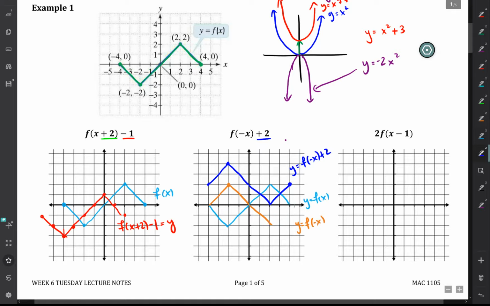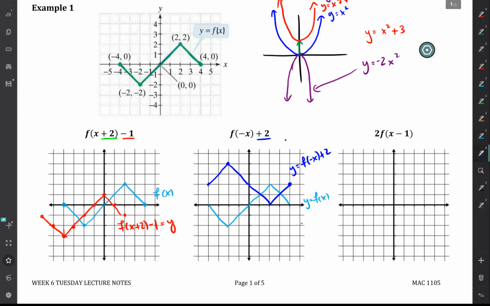And again, I'll delete the intermediate graph just to clear things up. So this blue graph was obtained from the original graph of f of x by reflecting across the y-axis and then moving everything up 2 units.